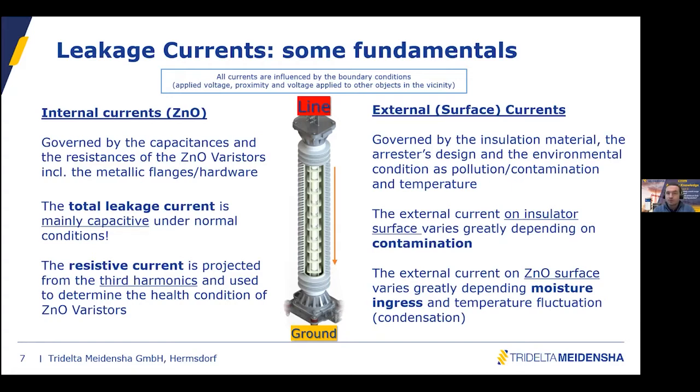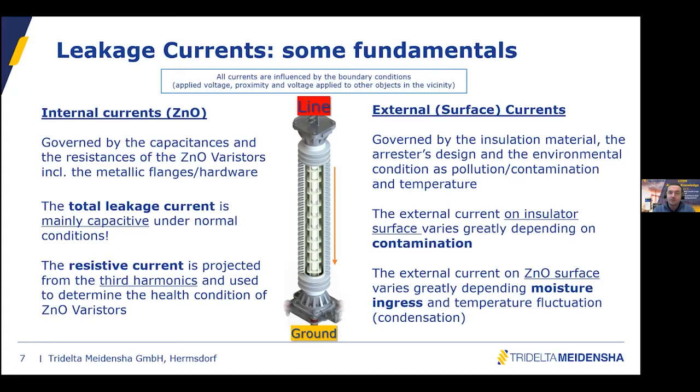As you know, you have porcelain housings, silicone housings, different kinds of design, cage design, tube design, wrap design, and of course, different kinds of environment depending on the country, the climate, and the temperature. Therefore, you can expect different currents. One of them is the external current on the surface of the insulator, which can fluctuate greatly depending on the contamination, the pollution layer on the surface.